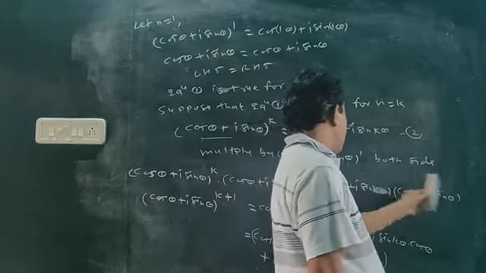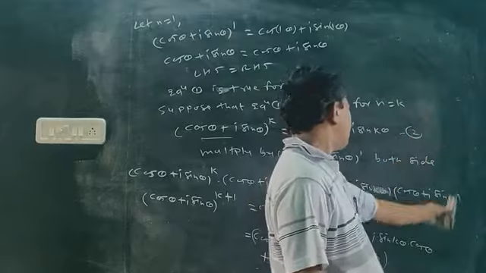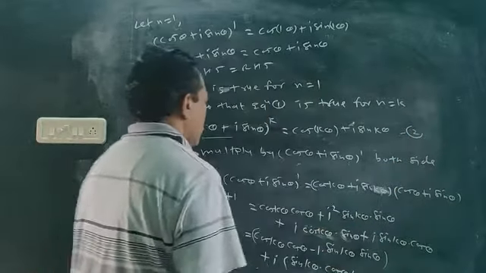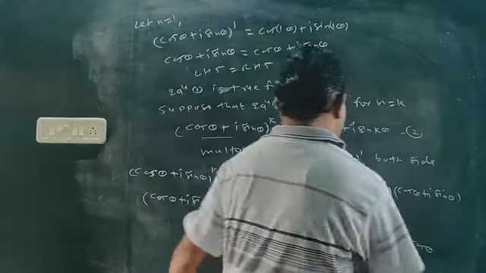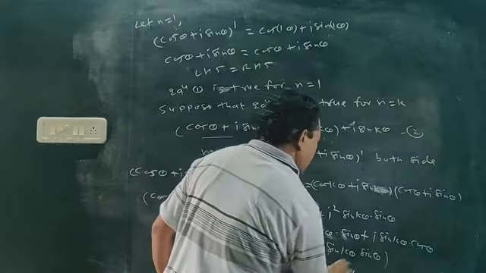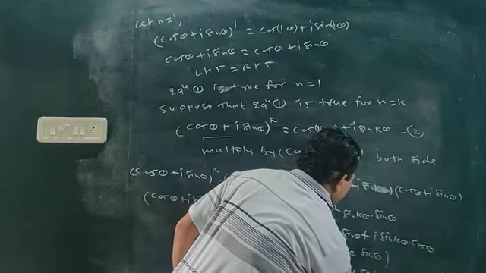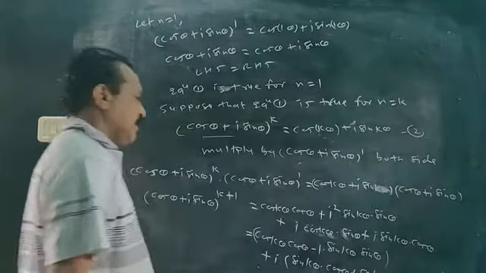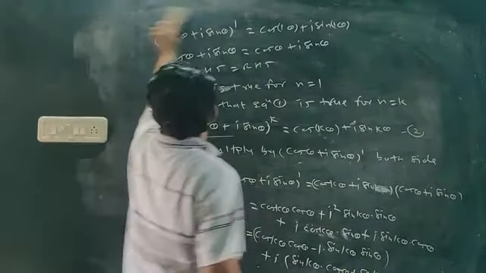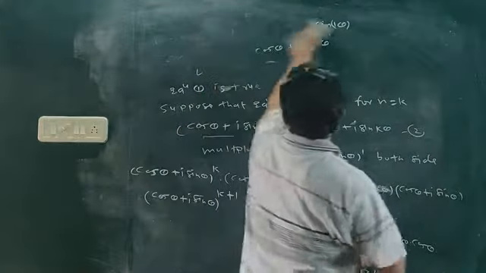First into first, second into second, first into second, second into first. So cos k theta into sin theta. So I common: sin k theta into cos theta plus cos k theta into sin theta. This right? So this first term is the real part, the second is the imaginary part.